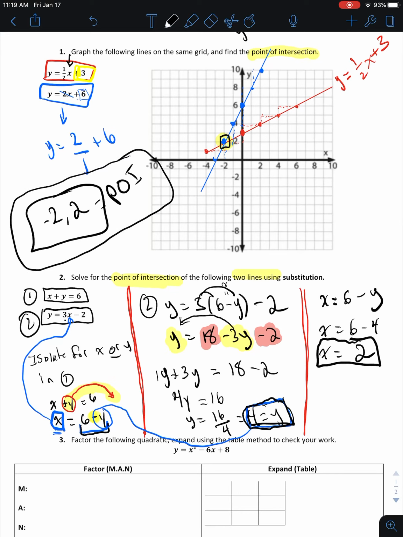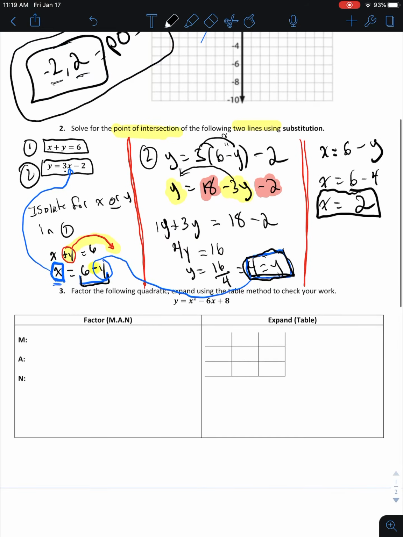The point of intersection was where the two lines crossed. Well, I needed an x and a y, and I found x and y here. So I can say the point of intersection is 2 and 4. And that's the question over. That's what it asked for, the point of intersection. Make sense?